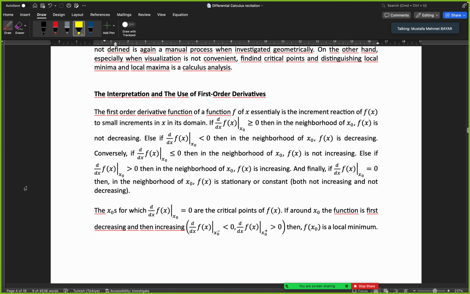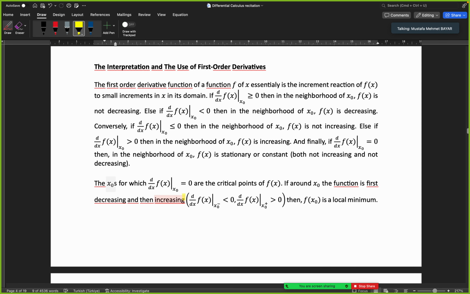If the first order derivative is non-positive, either negative or zero, then the function is non-increasing around that point. And finally, if the first order derivative is strictly negative, then the function is decreasing around that point. So this is how you use first order derivatives to learn how your function behaves, whether it's increasing, decreasing, or stationary around some points.